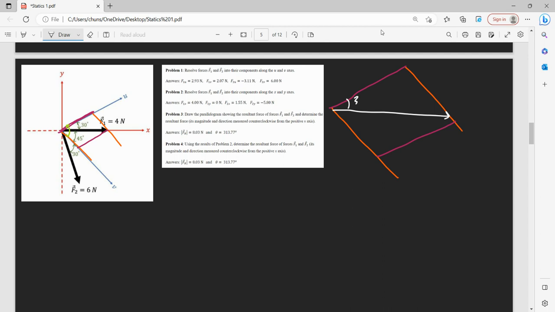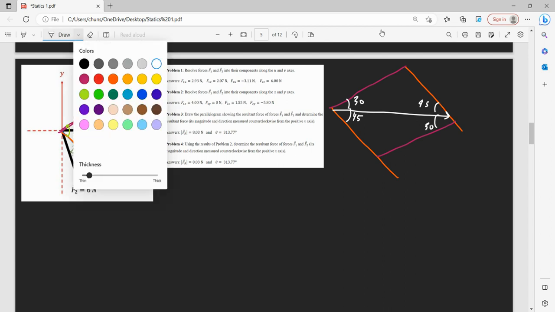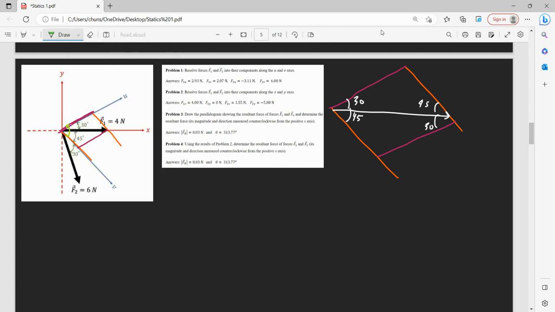We know this is 30, 45, so therefore this is 45, and this is 30. There we go. Now we can solve for the top and bottom corners. We know that 180 minus 30 minus 45 is going to give us our last angle, which is 105. This is 105 here.